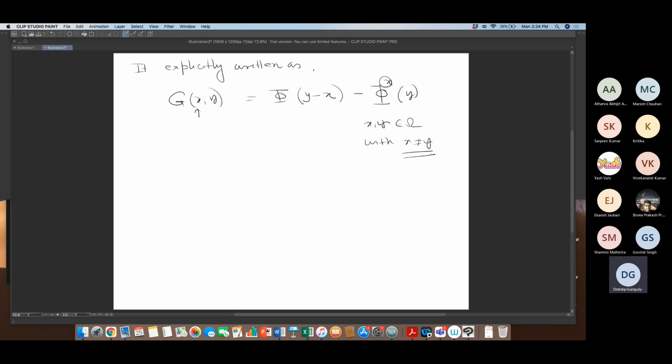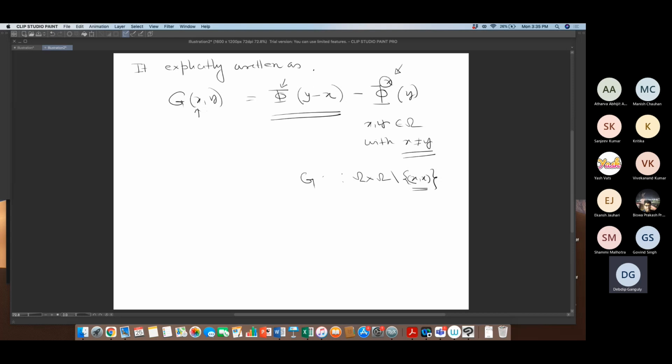So at the diagonal x equal to y, this Green's function is not defined. Otherwise it is defined. This is the domain of G: omega cross omega minus the set of (x,x). It is not defined on the diagonal set.